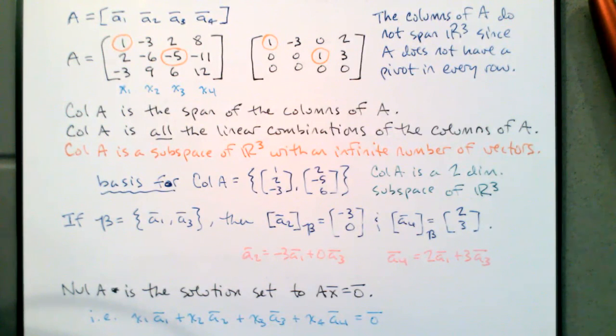Therefore, the transformation is not surjective. The range of T is a two-dimensional subspace of R3. We can also say that the kernel of the transformation is a two-dimensional subspace of R4, because the kernel sits in the domain and the range sits in the codomain.